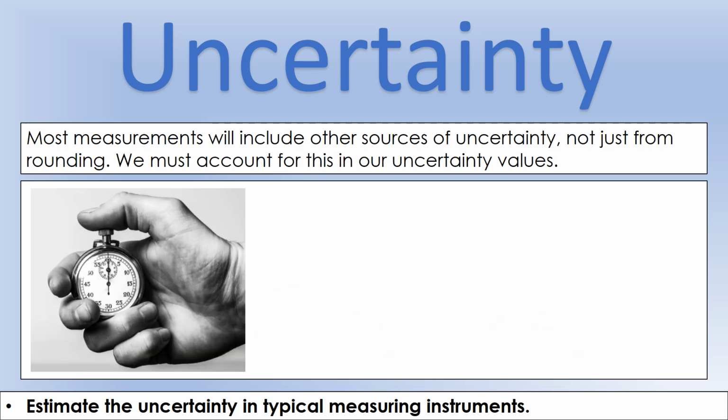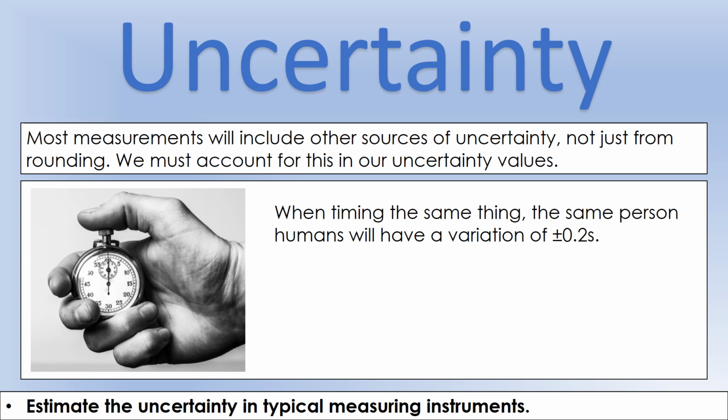Another scenario where there is more uncertainty than just the rounding uncertainty is when we're timing using a stopwatch. If I'm timing the same event, something that takes exactly the same amount of time each time, and I sit there with a stopwatch and time it, I would get a variation of about 0.2 seconds. So whenever I, as a person, am measuring the time for something, I will introduce an additional uncertainty of 0.2 seconds.